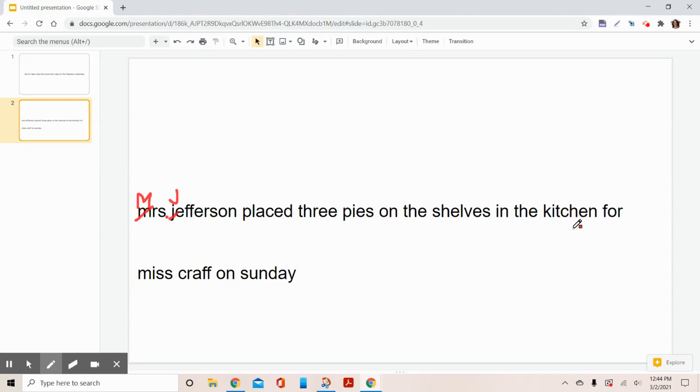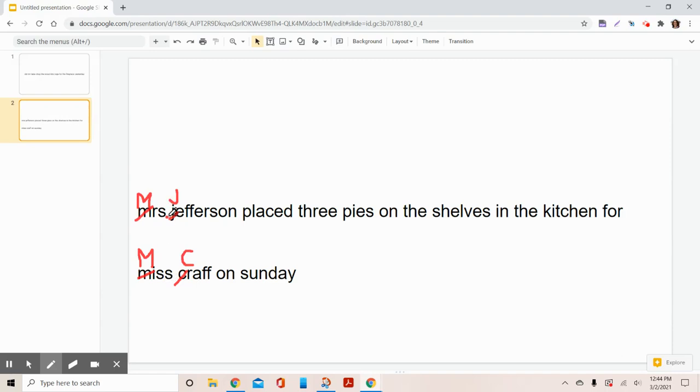Our next noun is Miss Craft. Miss Craft is the name of a person. Is Miss Craft a specific name of a specific person, or is it a general name of any person? It is a specific name of a specific person. So we know that Miss has to have a capital M and Craft has to have a capital C. Do we need to do anything else to Miss before we move on?